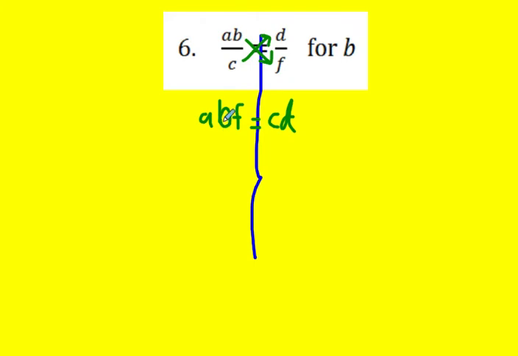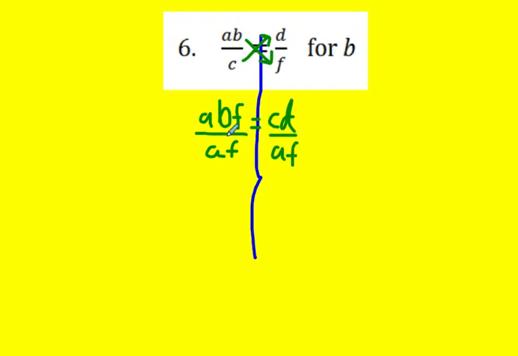Now my goal is to get B by itself. So if we focus on that B on the left-hand side, you will notice that you also have A and F with it. Both the A and the F are being held on by multiplication. So the opposite of multiplication is division. So I am going to divide both sides by AF to get rid of those. So I'm going to divide by AF over here as well.